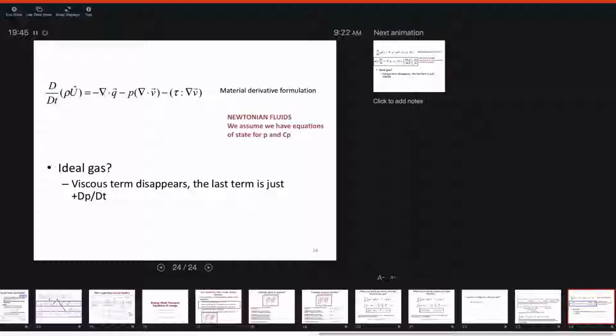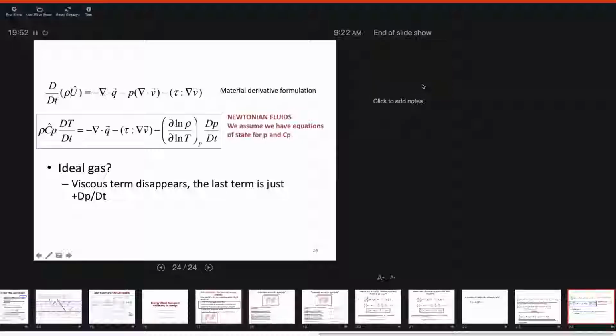And then for Newtonian fluids, involving some thermodynamic equations that we're not going to go into here, you can just use this equation, assuming you have equations of state for P and you have an equation for CP. Okay?